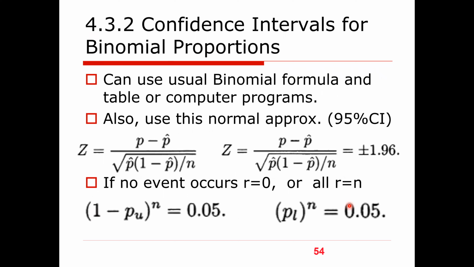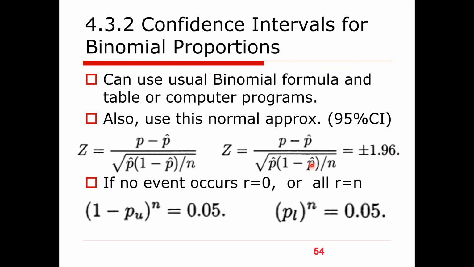And then confidence intervals. We can use the binomial formula or table or computer programs to get confidence intervals for binomial proportions. And we can use the normal approximation to get an asymptotic result. The 95% confidence interval is when z equals plus and minus 1.96.